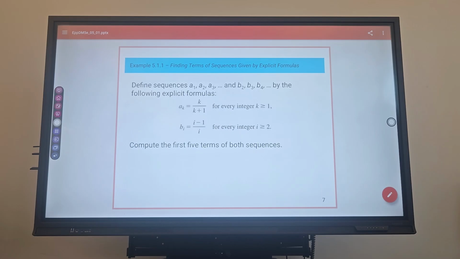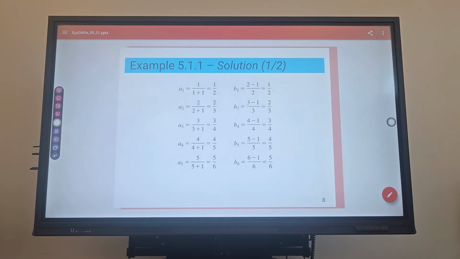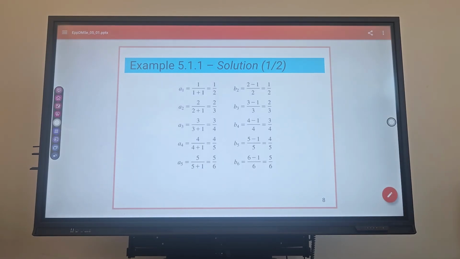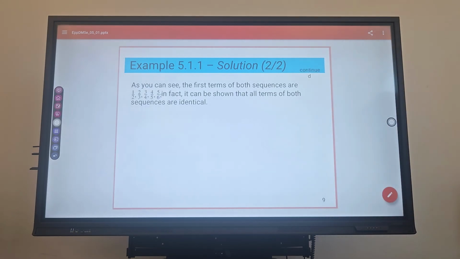The values of both sequences would be the same as shown here: 1/2, 2/3, 3/4, 4/5, 5/6, etc. As you can see, the first terms of both sequences are the same. In fact, it can be shown that all terms of both sequences are the same.